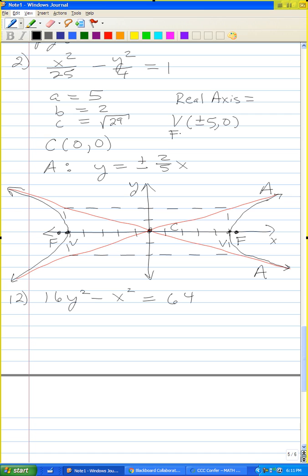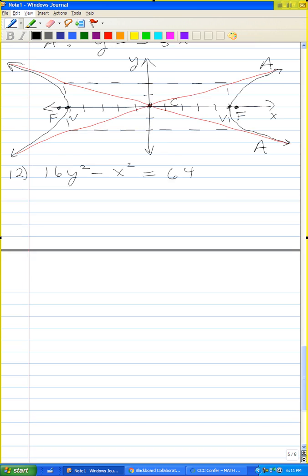The foci are at plus or minus the square root of 29, 0. The other two points, which I sort of consider vertices, are at 0, plus or minus 2. So the distance between the two vertices, 5 plus 5, is 10. And that's the length of the real axis. Okay, I keep forgetting that.